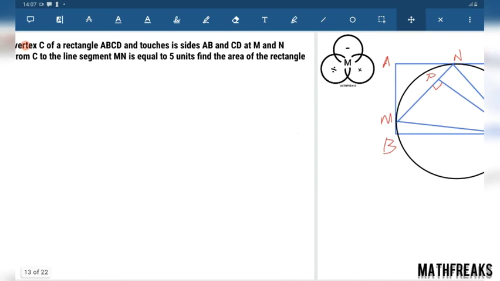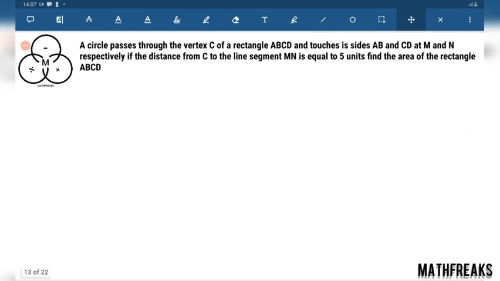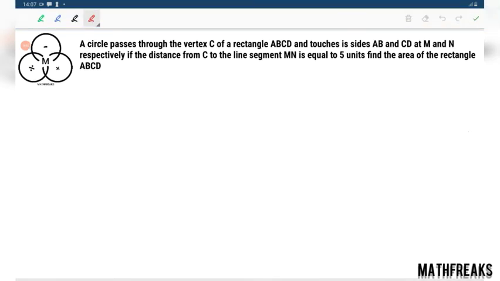I guess this is the last question before the PYQ discussions. There is also the same logic here, and a diagram.